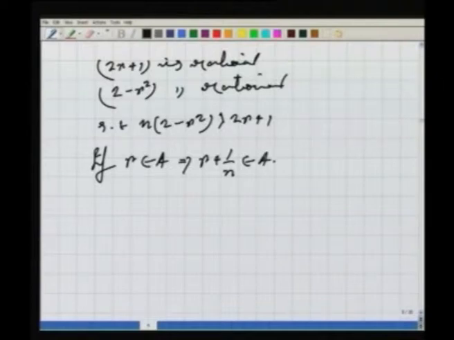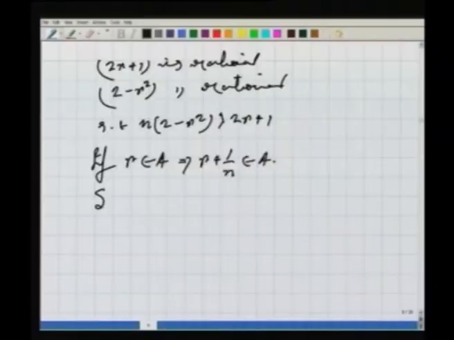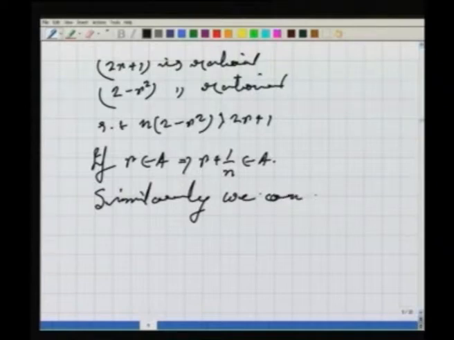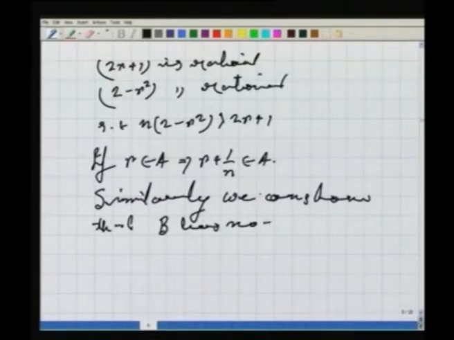But what does it show? If I take any r, then r plus 1/n, again a rational number, which is strictly bigger than r, is still in A, and there is no end to this process. Similarly, we can show that B has no smallest element.